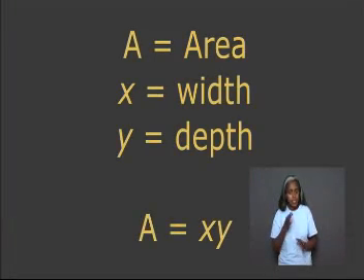If this is the case, we may express A as the product of X and Y. Since we want to express A as a function of one variable instead of two, let us eliminate X by expressing it in terms of Y.